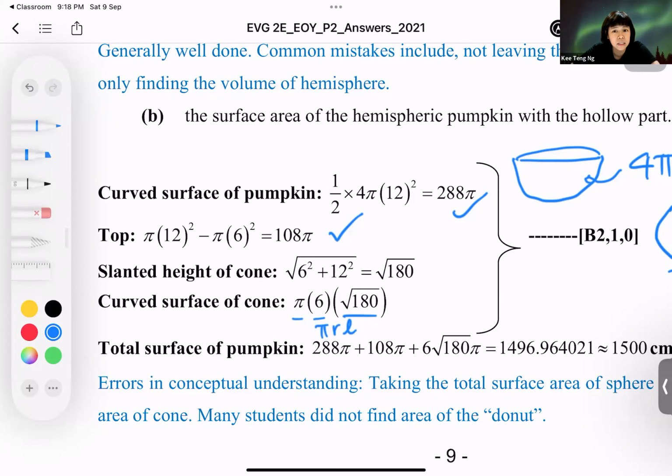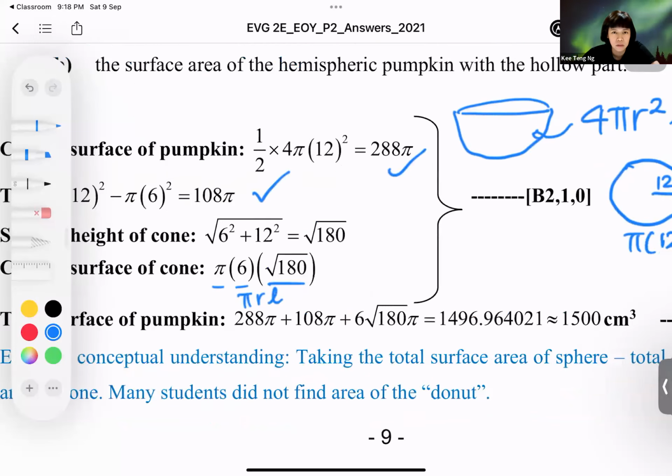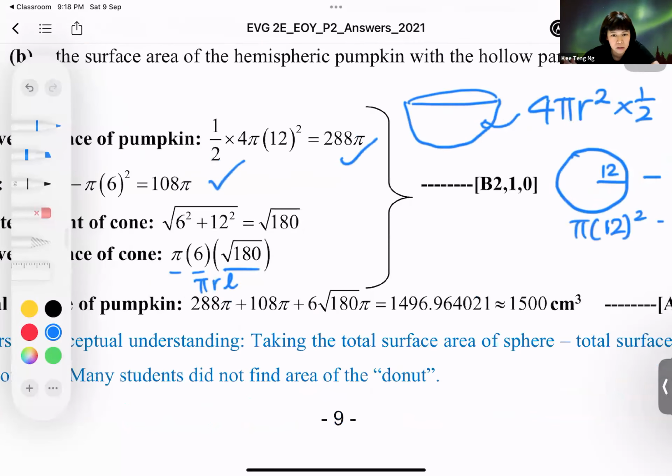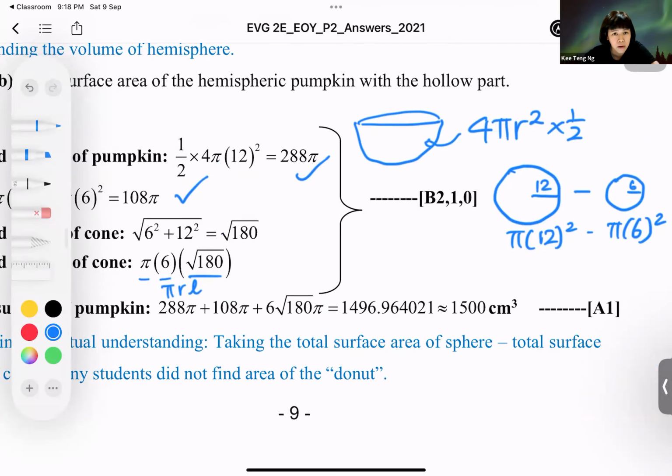Since the answer is not exact, involving pi, we round off to 3 significant figures. So 1, 2, 3, round up. So this one, 150, but 150 is not the correct placing, so 1500 cm cubed.